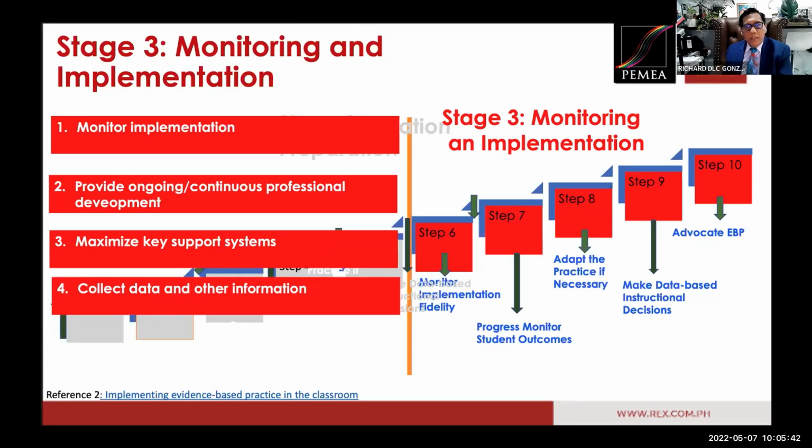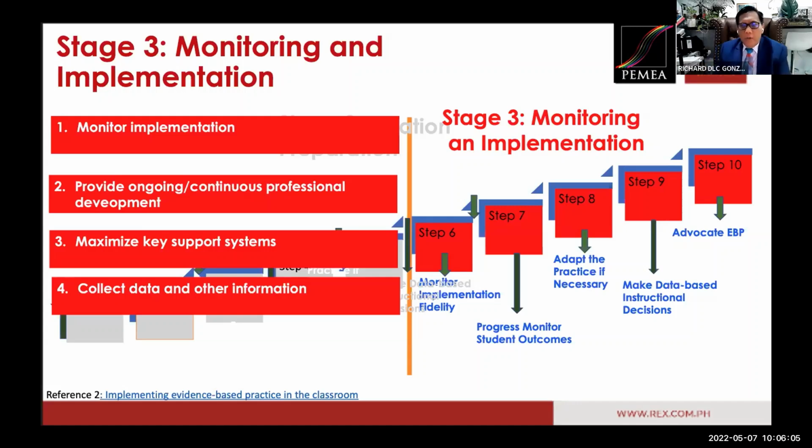While you are implementing your EBP, you should continue collecting and gathering information about it. You have to learn from it. Hence, the data collection process should be able to inform both the process as well as the outcomes of the EBP, which are very crucial.